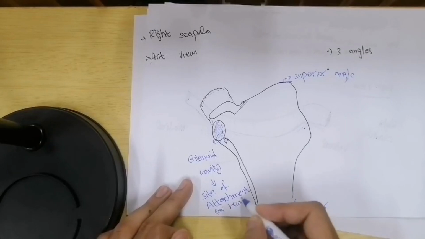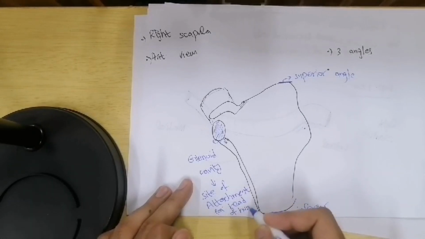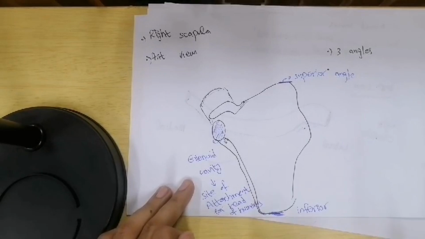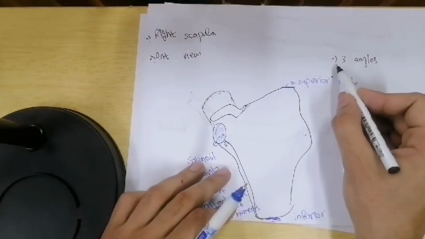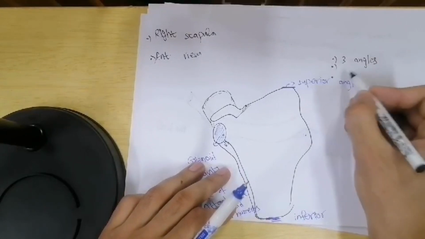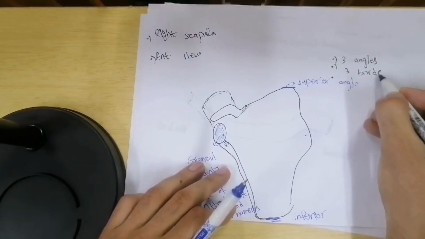Now I have told you that the scapula has three angles and it also has three borders.